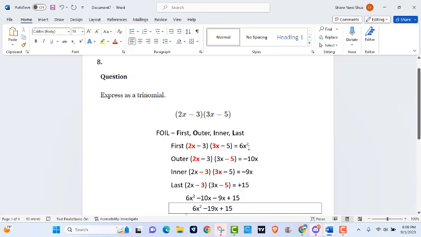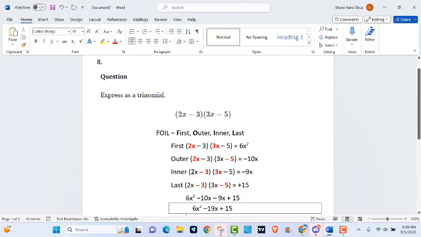That's our first term. Now, outer. We're going to multiply the outer term in this binomial by the outer term in this binomial. 2x times negative 5. 2 times negative 5 is a negative 10, and then x here, so we have a negative 10x.